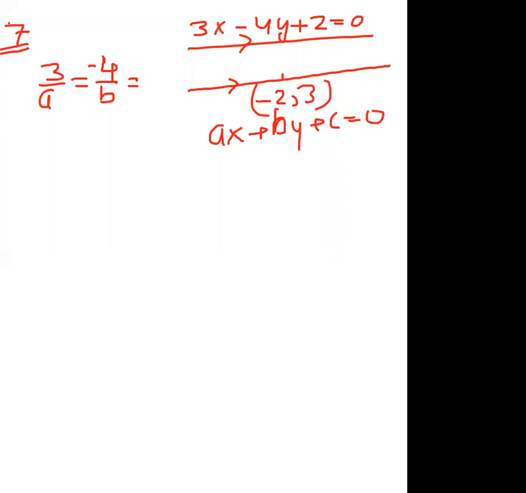Otherwise also, these are proportional. Parallel lines will have the same coefficients, so it will be 3x minus 4y plus c equals to 0. Now our task is to calculate the value of c.